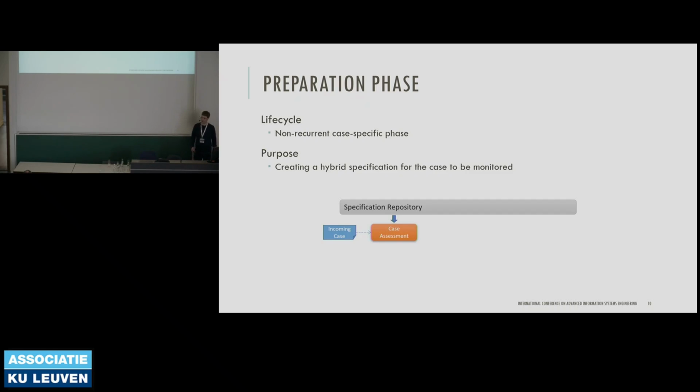First step, we are going to have the incoming case, as I mentioned before, and now we have to assess this case to figure out what are the actual relevant pieces of knowledge that we need in order to carry out this case successfully. Based on that assessment, we are going to get a set of relevant process specifications, and we can move into the next step of fine-tuning.